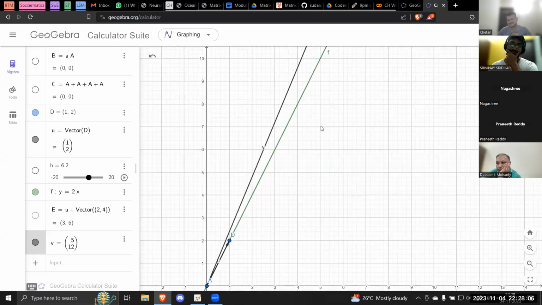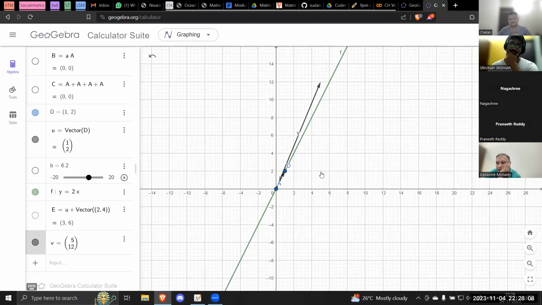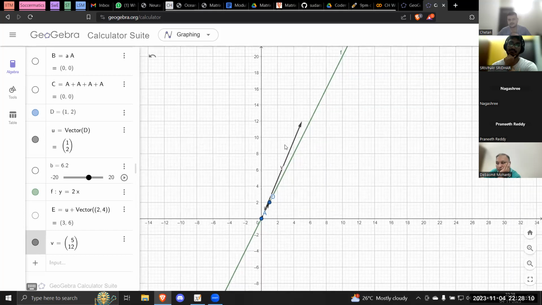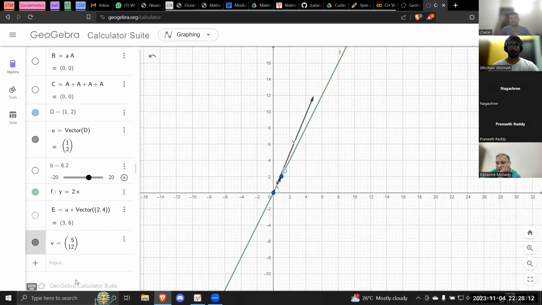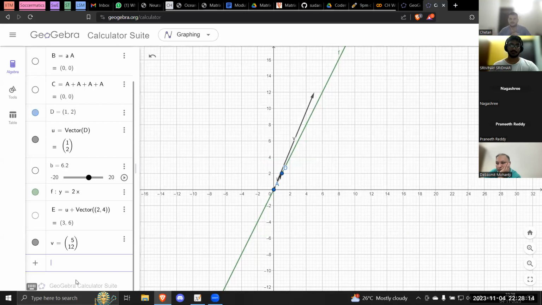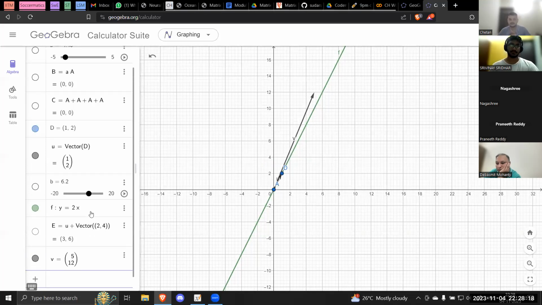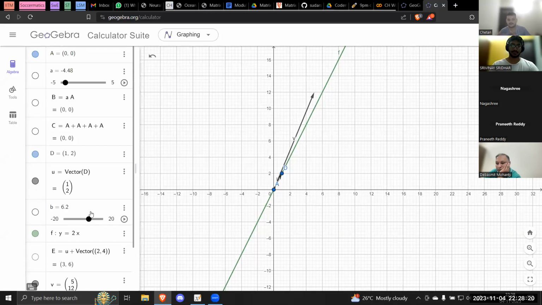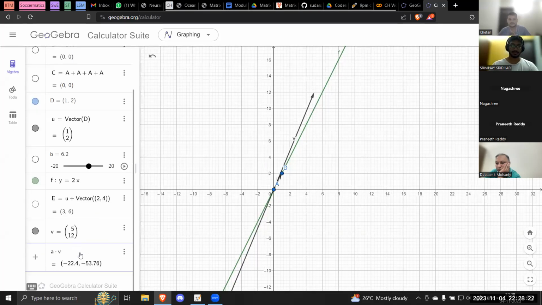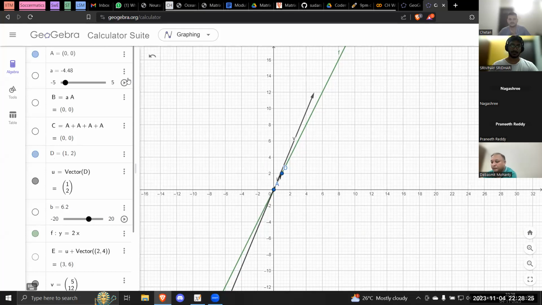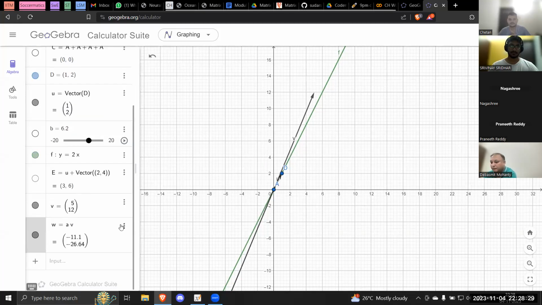Okay, then we said, let's think about it. If we want to include (5, 12), we must also include all the scalar multiples of that. So if we multiply (5, 12) with say B or A, we will get another line. Can you trace that also, Vinay?